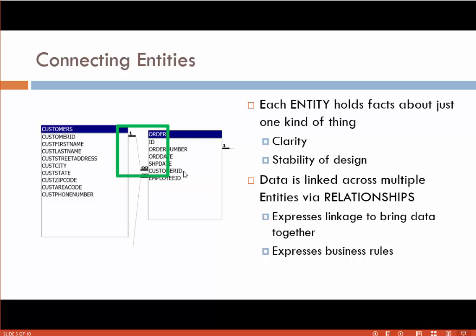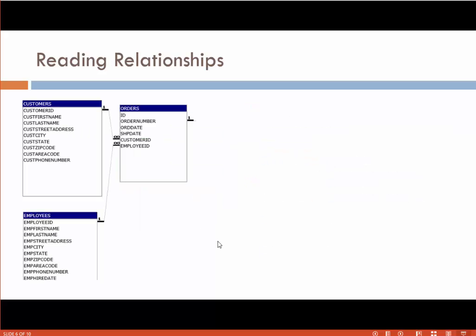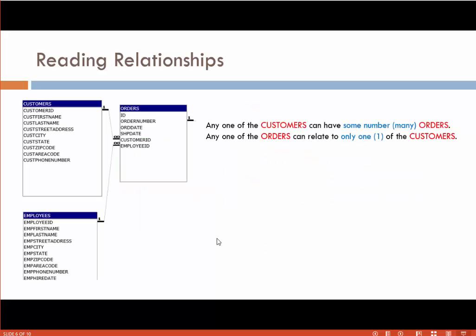And in the related table, we also generally reproduce that primary key, and that helps us keep these together. So we'll go through and read a couple of relationships so you can see how that works.